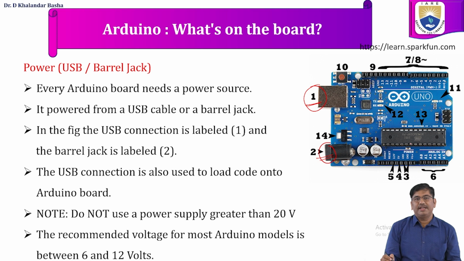The USB connection is also used to load the code onto the Arduino board. Note, do not use a power supply greater than 20 volts. The recommended voltage for most of the Arduino family models lies between 6 volts to 12 volts of DC supply.